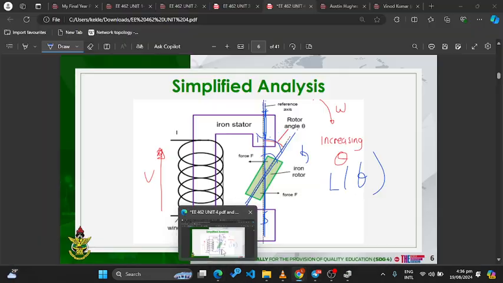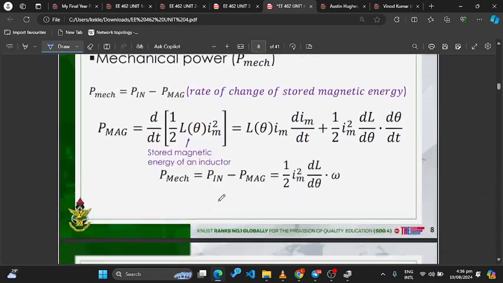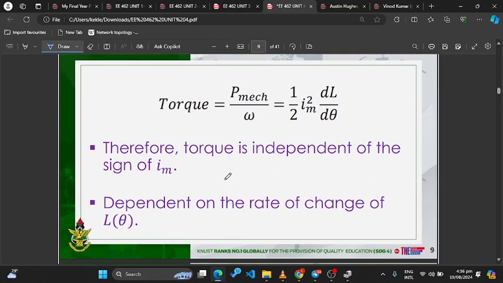Okay, so let me go back to the slide. I've done this one, I've done this one. So from the equation we've written, which gave the torque, it means that the torque is independent of the direction of the current. It doesn't mean it doesn't depend on the magnitude.